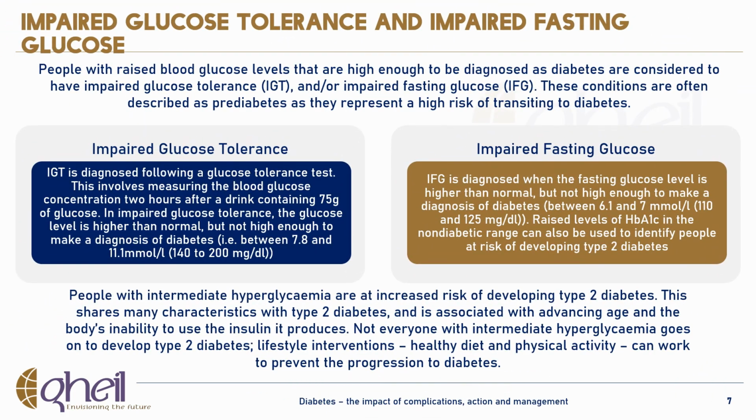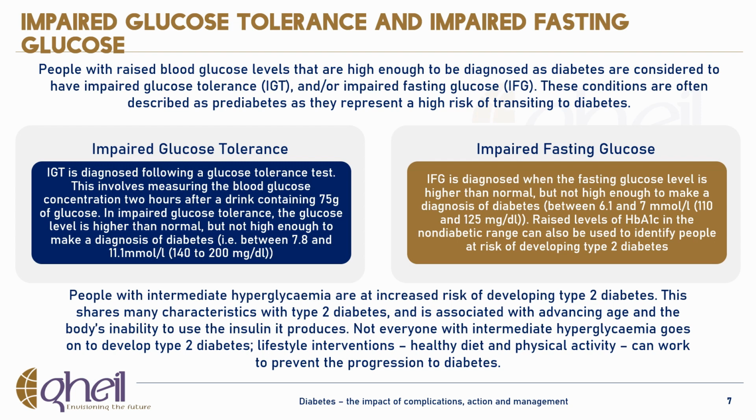Impaired fasting glucose is diagnosed when the fasting glucose level is higher than normal, but not high enough to make a diagnosis of diabetes, between 6.1 and 7 mmol/L, 110 and 125 mg/dl.